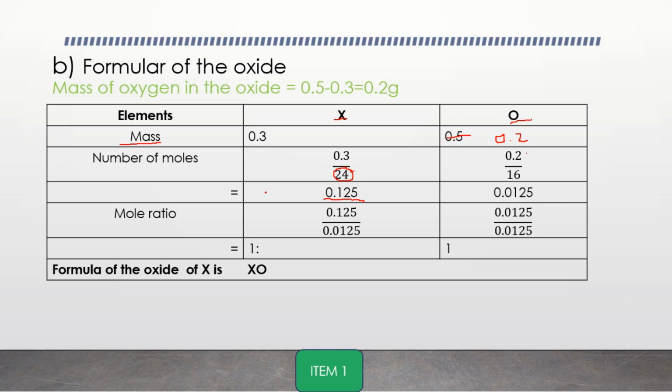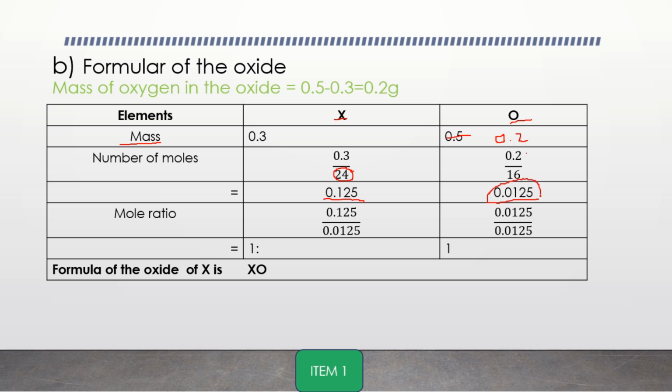Then after getting the number of moles, these are the number of moles of X in the 0.3 grams of X that reacted. Also the 0.2 grams of oxygen that reacted contained 0.0125 moles. Therefore, for us to get the mole ratio, we shall have to identify the smallest number of moles.